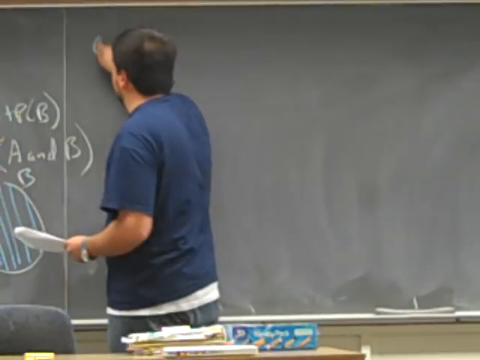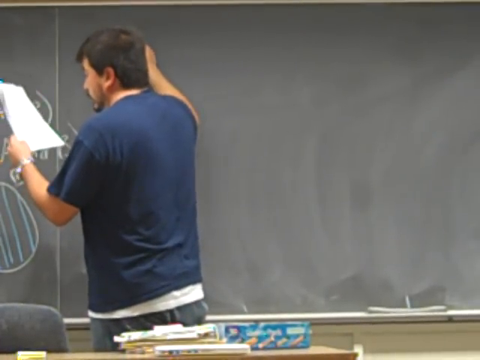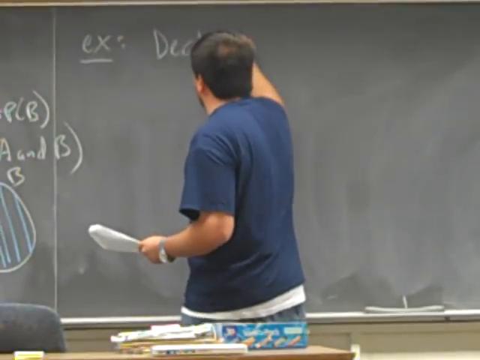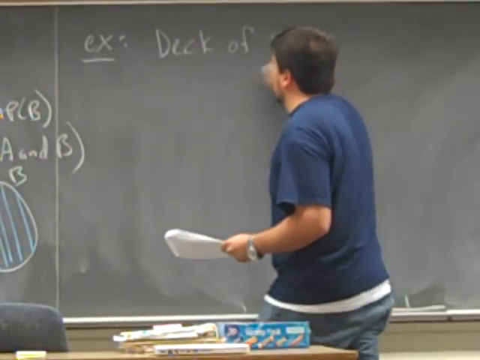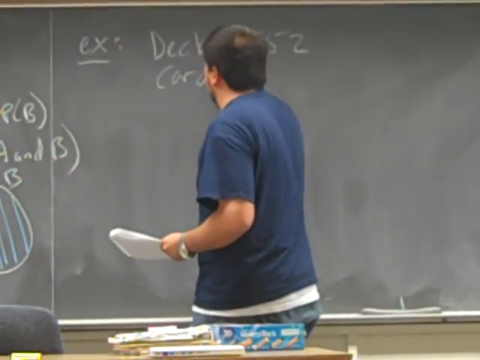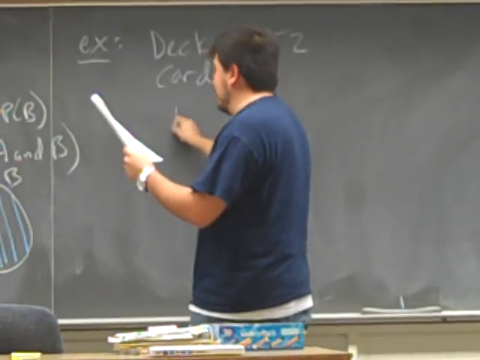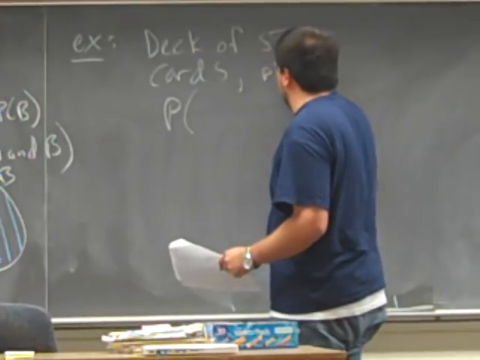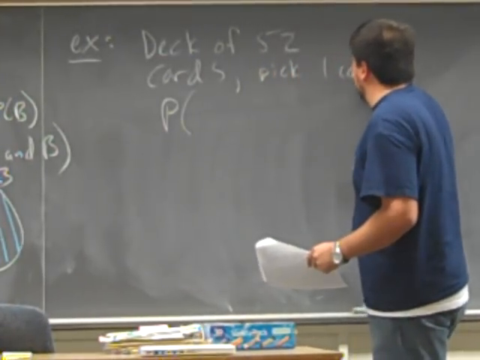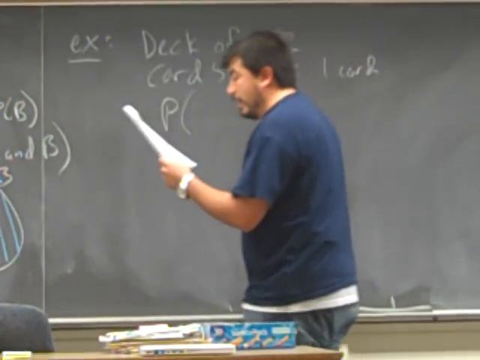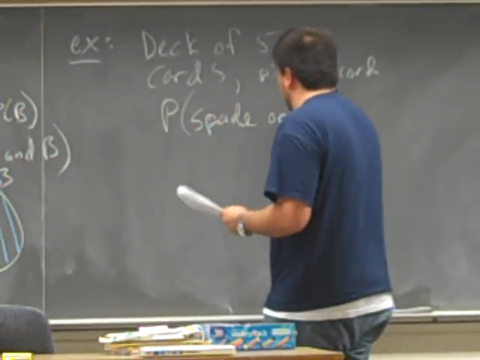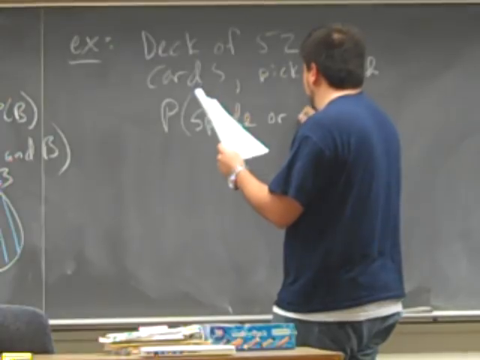For example, let's say in a deck of 52 cards, I want to find the probability, if I pick one card, what's the probability of drawing a spade or an ace?